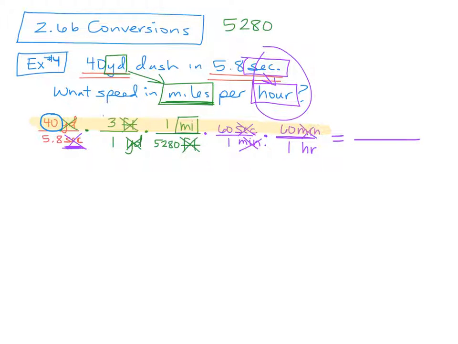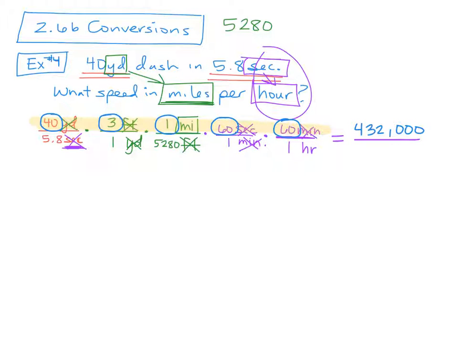Do you see that? 40 times 3 times 1 doesn't change anything. Times 60 times 60. I need to be multiplying. Okay, you get a really big number. You get this number, 432,000.